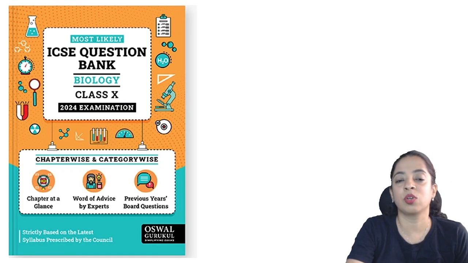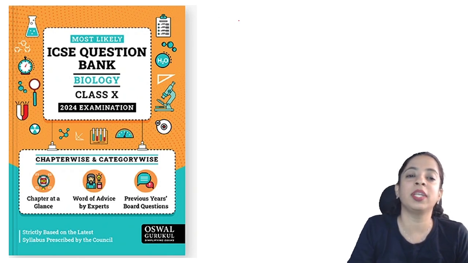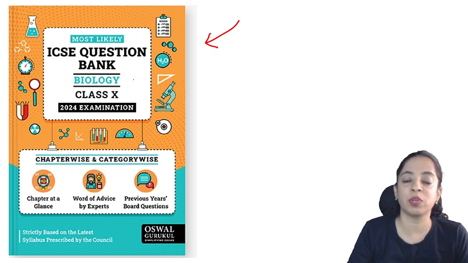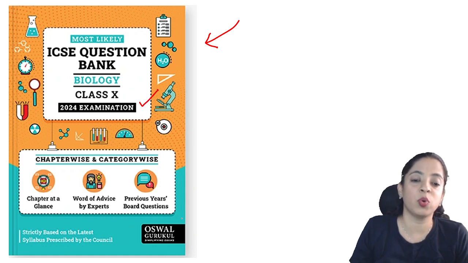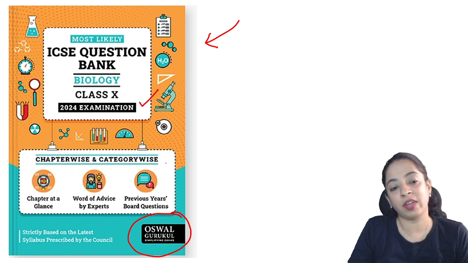Okay, let's go ahead. Before we go ahead with the next set of questions, let me tell you, I am taking all these questions from this particular book, most likely the ICSE question bank for biology class 10 for the 2024 examination. This book is by Oswal Gurukul, and here you have chapter wise and category wise questions.